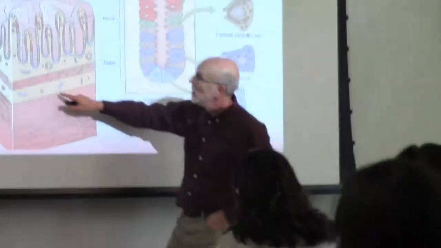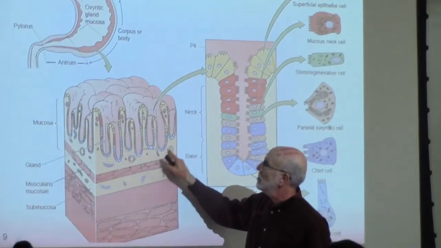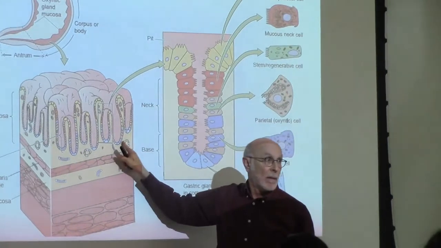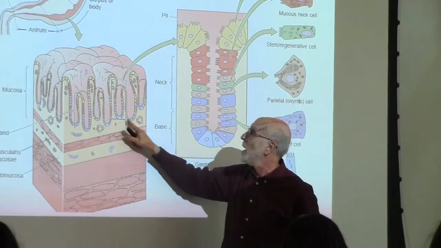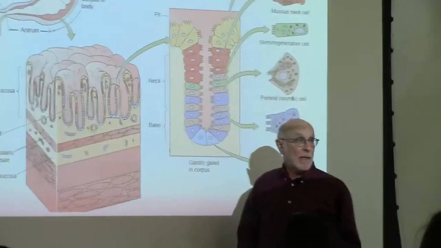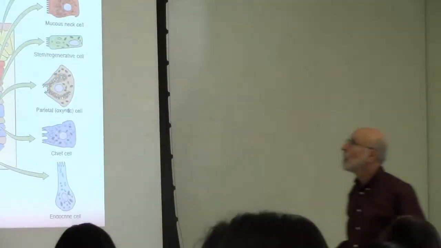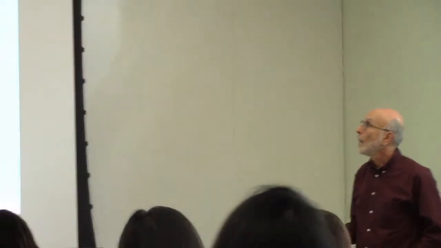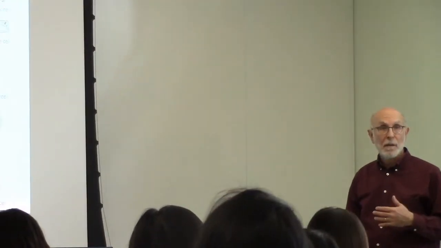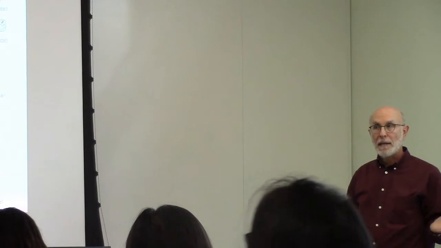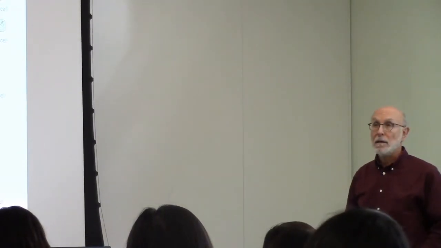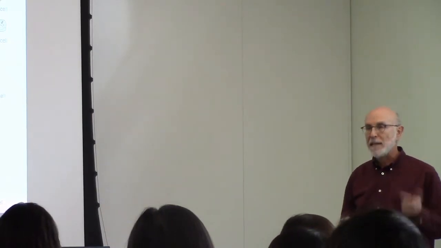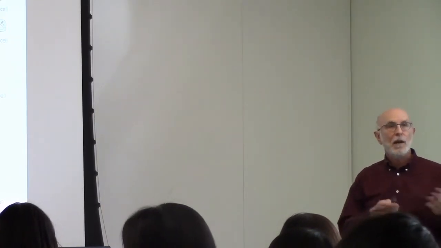Remember, the lamina propria has blood vessels that get the hormone that is secreted by the endocrine cells in the gastric glands. Okay, so these are the cell types that secrete hormones and other things, mucus, acid, and pepsinogen that is necessary for digestion.